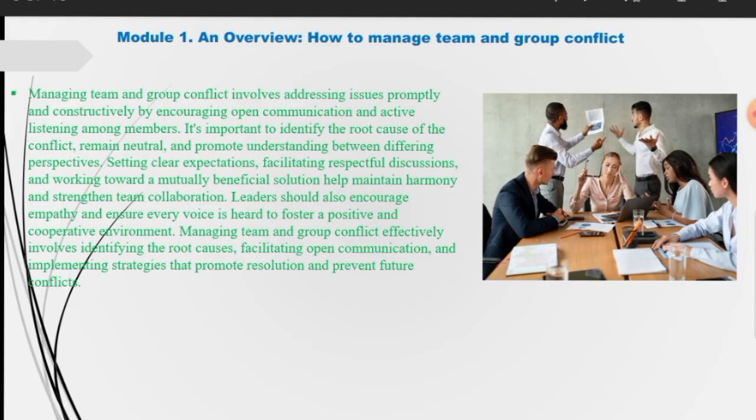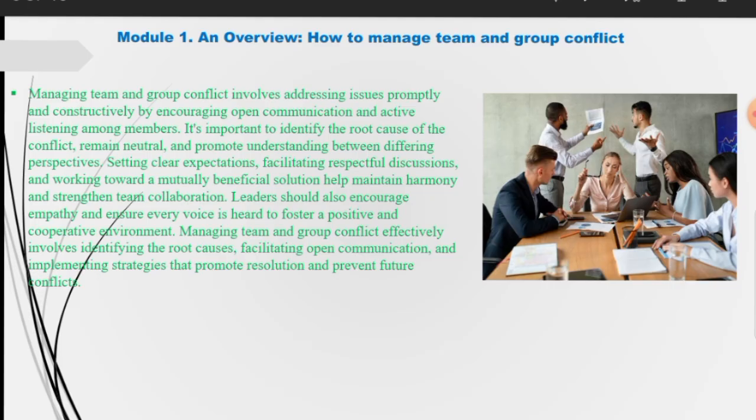Managing team and group conflict effectively involves identifying the root causes, facilitating open communication, and implementing strategies that promote resolution and prevent future conflicts.